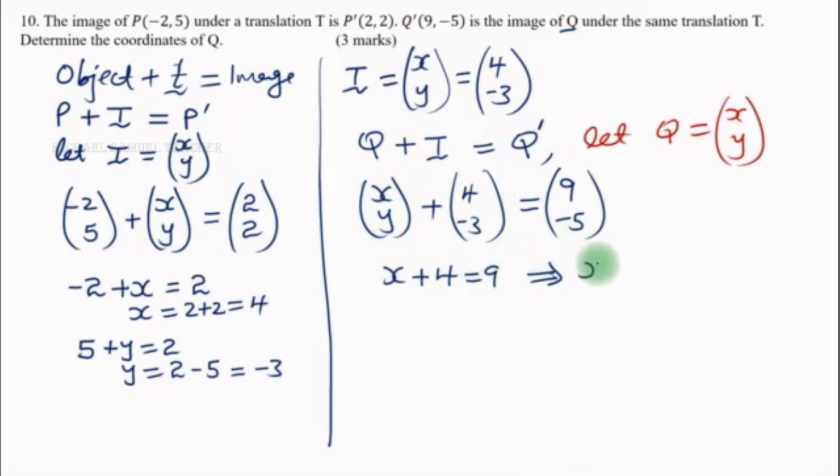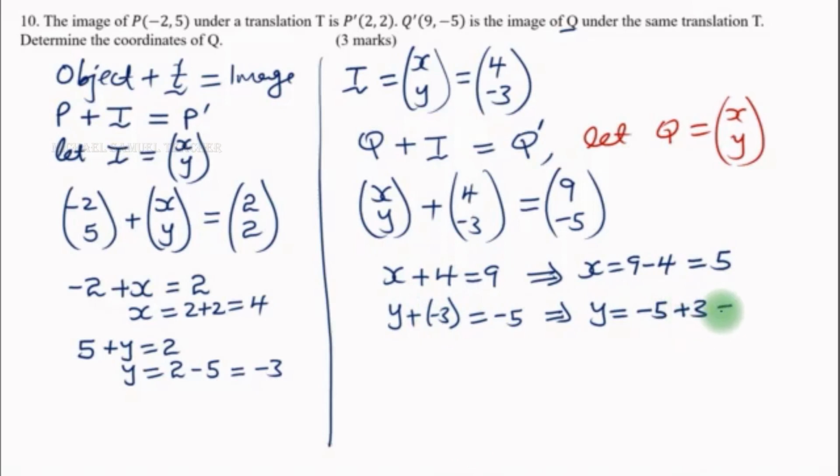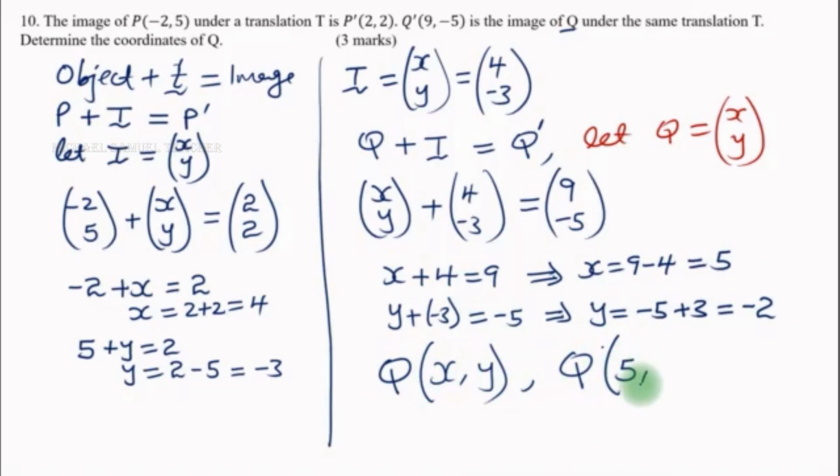So x is equal to 9 minus 4, which is 5. And y plus -3 is equal to -5. This implies y will be -5 plus 3, which gives -2. Therefore, the coordinates of Q will be (5, -2). And that is it.